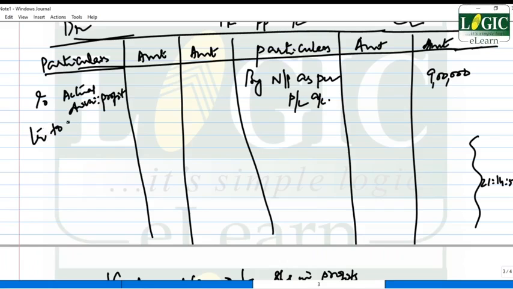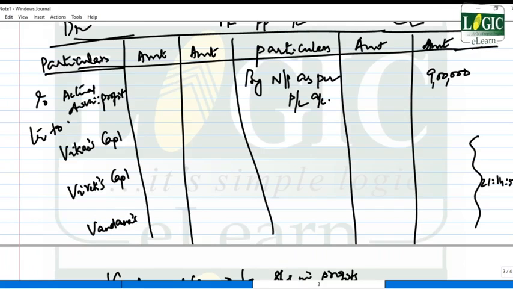Transferred to, first, Vikas's capital, leave some space, then you write Vivek's capital, leave some space, then you write Vandana's capital.